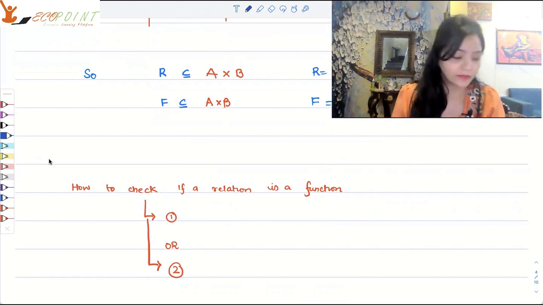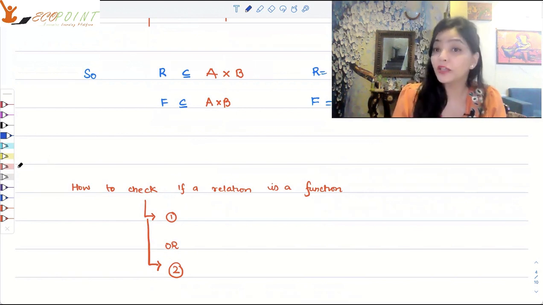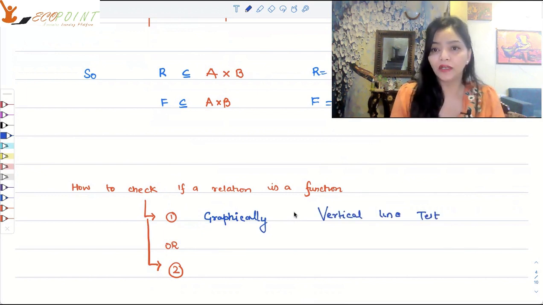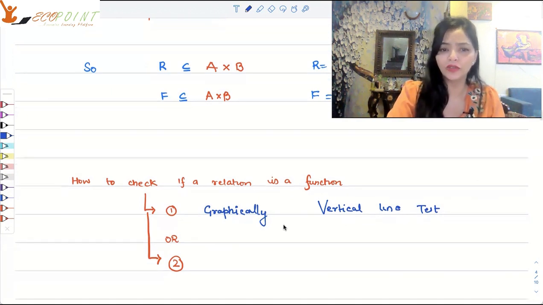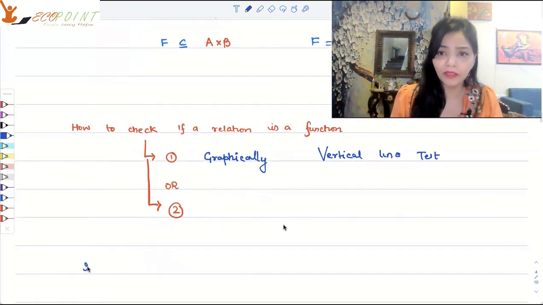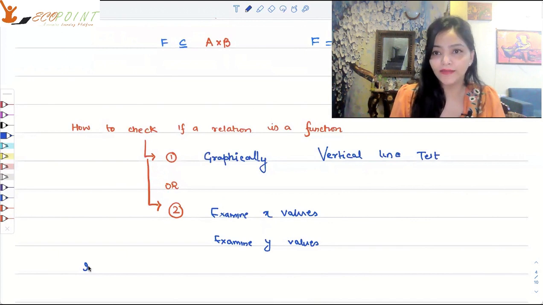There are two ways. You can check graphically, and when you check graphically, it is called the vertical line test. When you are using a graph to figure out whether the given relation is a function or not, you use the vertical line test. Or else, you can examine all x values and all y values.